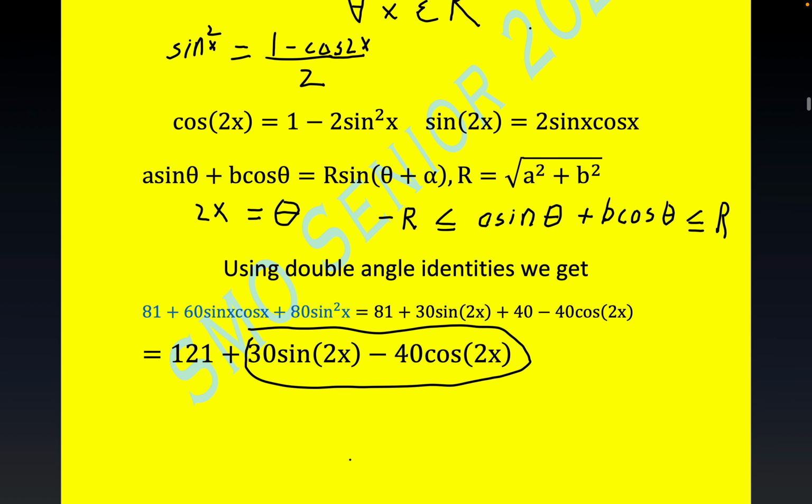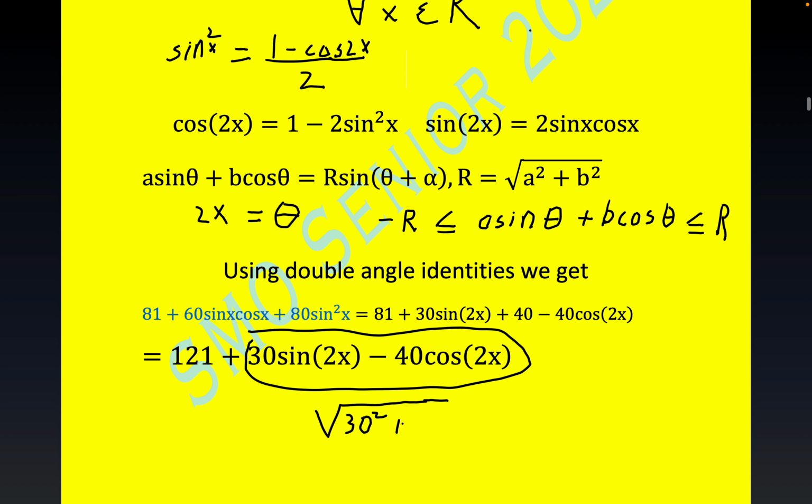So we can write down that this piece right here is going to be between, let me put it like this, the bound will be the square root of 30 squared plus, I'll just write the minus for the sake of completeness, minus 40 quantity squared.